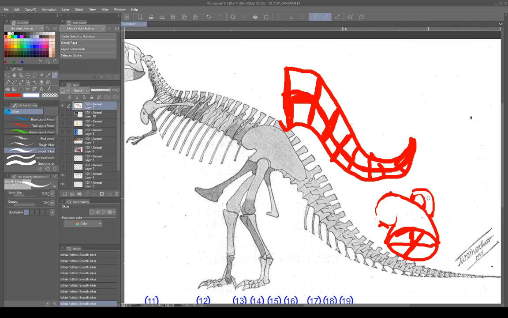We decided we liked that pose, so then we've got a tail that goes back into space and overlaps itself, which is pretty complex.